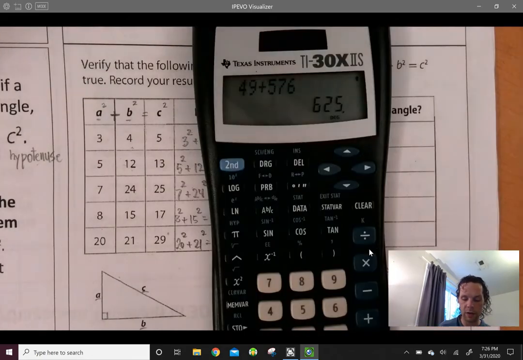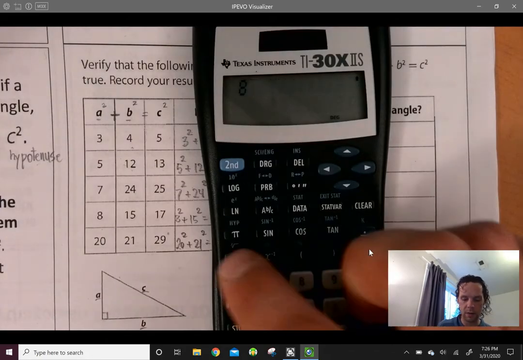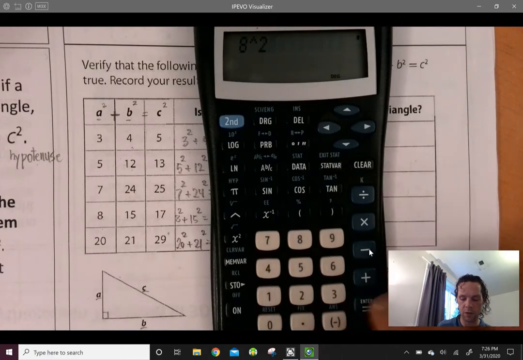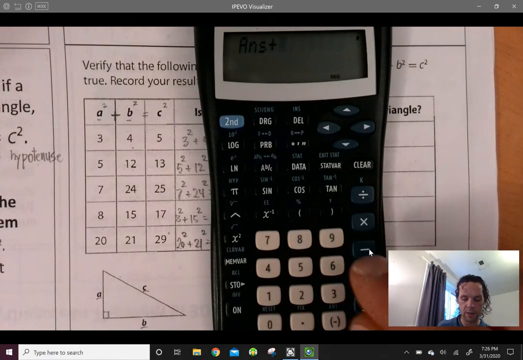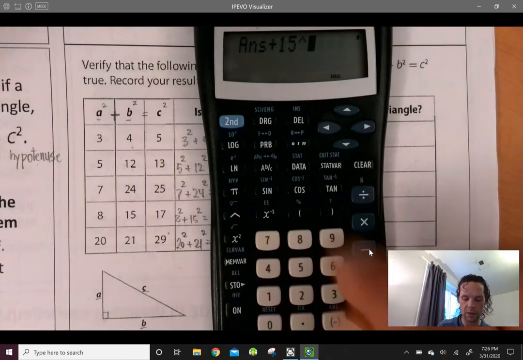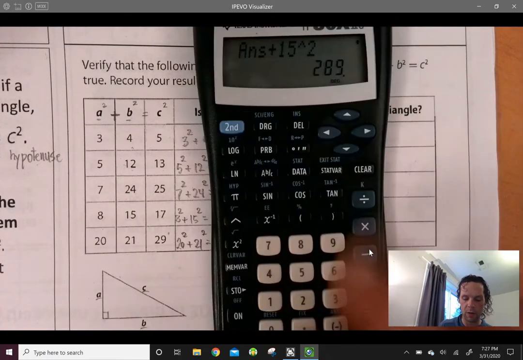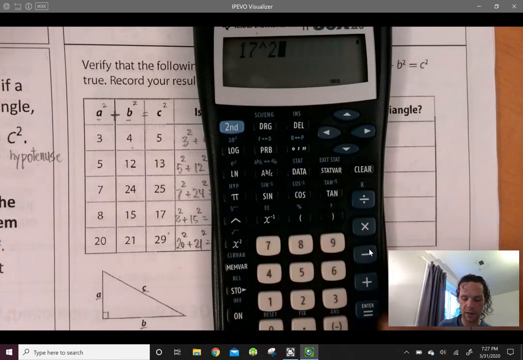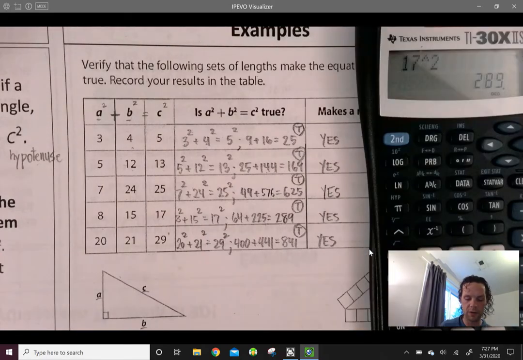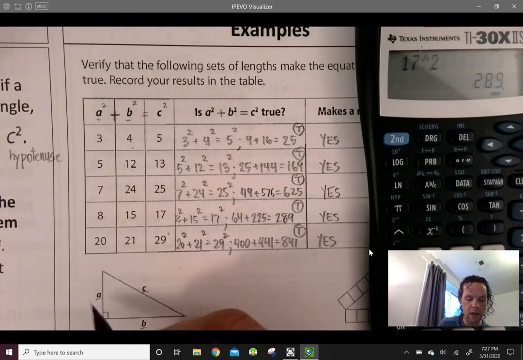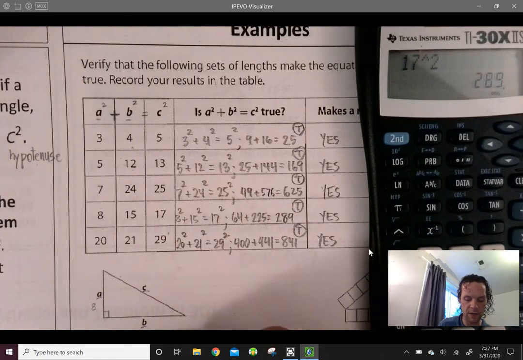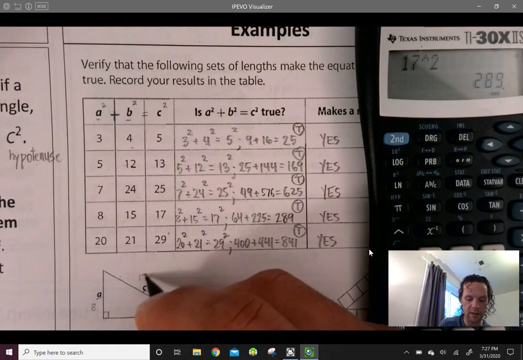8 squared plus 15 to the second power equals 289. Well, 17 to the second power also equals 289. So 8 squared plus 15 squared equals 17 squared. So that would be like saying A is 8 and B is 15, and C is 17.